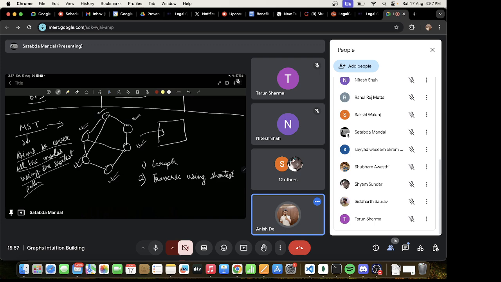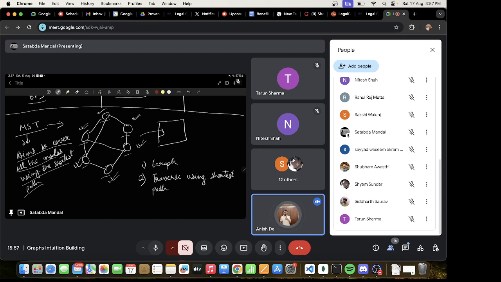Let's say these nodes are computers and the edges represent that these computers are connected. So find the minimum length of cables to connect all the computers. Questions like this you will get when you need to use a minimum spanning tree.